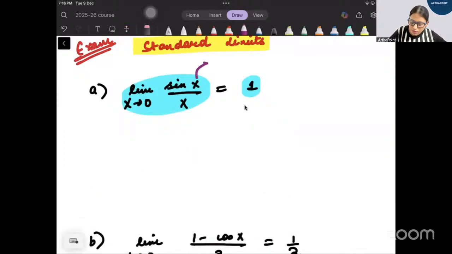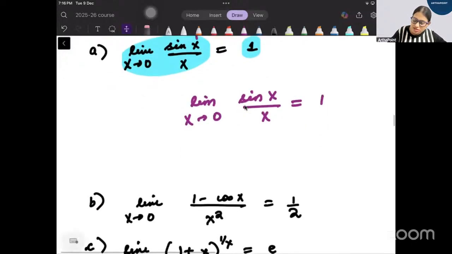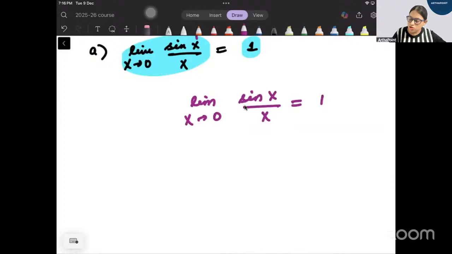So whatever my angle is here, if I have sine x by x, limit x tends to 0, this is 1. This is very well equivalent to sine 1 by x by 1 by x, limit x tends to 0 equal to 1.